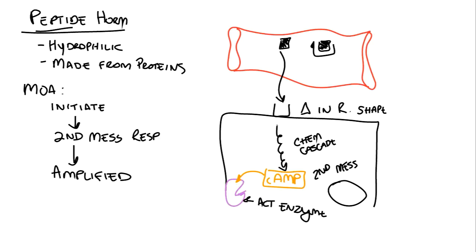Well, this cyclic AMP, this high energy molecule, the second messenger, is reusable, right? So it's not one hormone for every enzyme. That cyclic AMP can then activate, say, 1,000 enzymes, right? So that's what makes this mechanism fast. Its signal can be amplified because that cyclic AMP is reusable and can in turn activate, say, 1,000 enzymes.